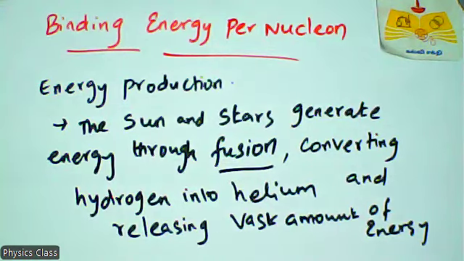In nuclear plants also, there is a fission reaction of nuclei. According to the nuclear power plants concept, it may be uranium or plutonium, which is used to produce energy.